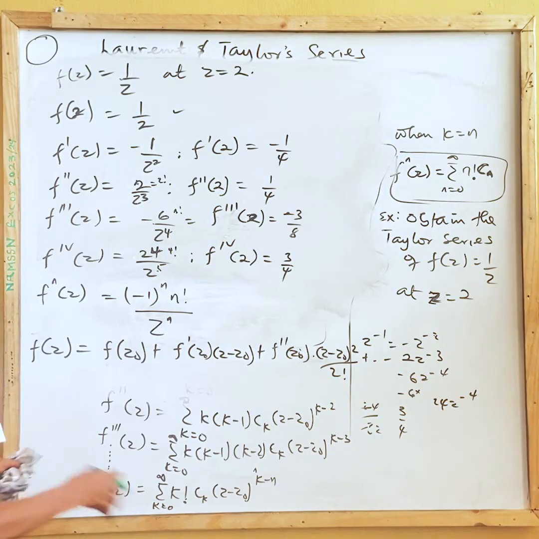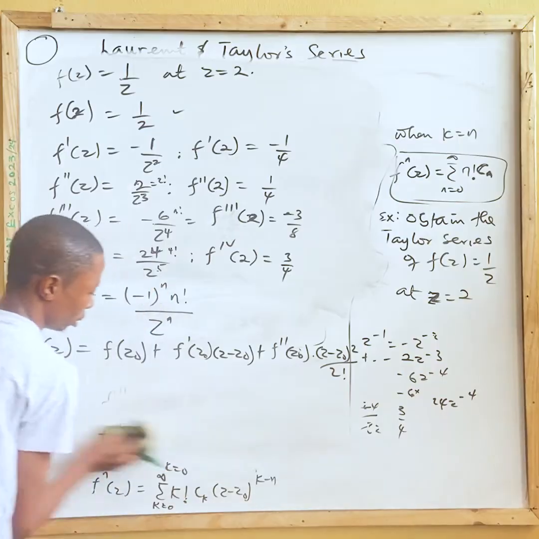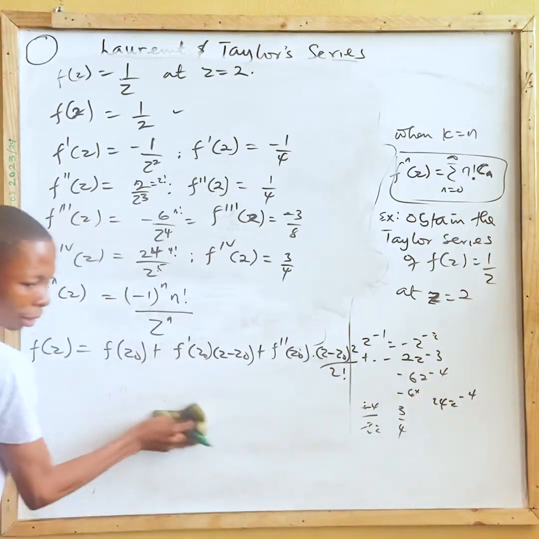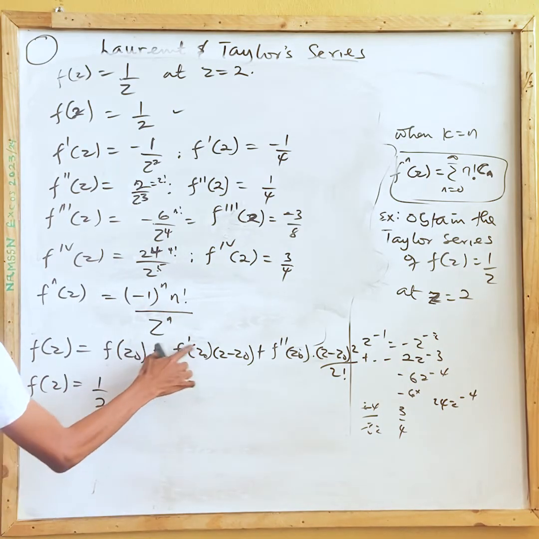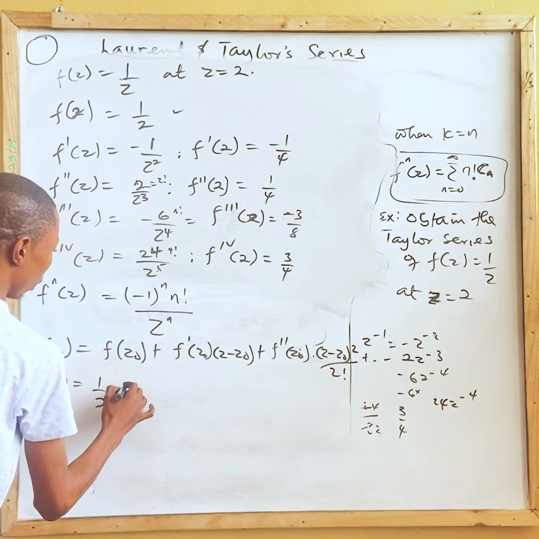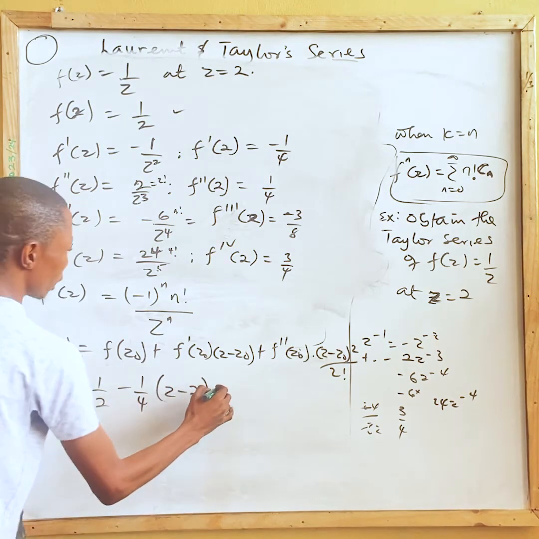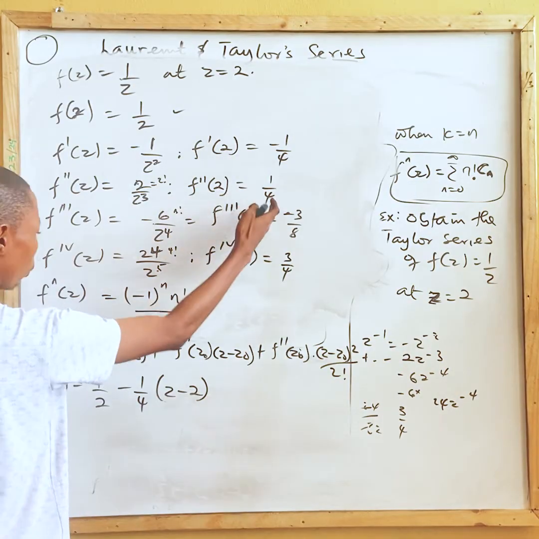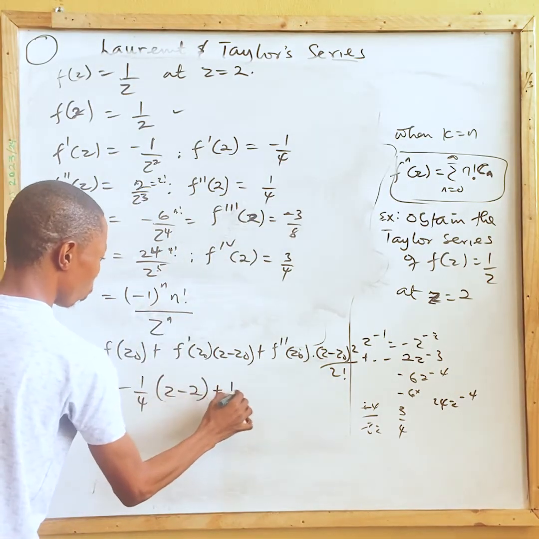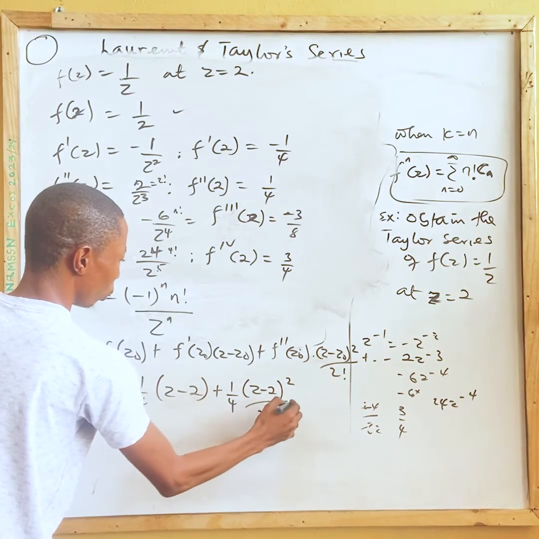So f of z equals f of z naught, which is 1 over 2. The first derivative is minus 1 over 4 times z minus 2. The second one is 1 over 4 as well, but that one is plus: plus 1 over 4 times z minus 2 all squared divided by 2 factorial.